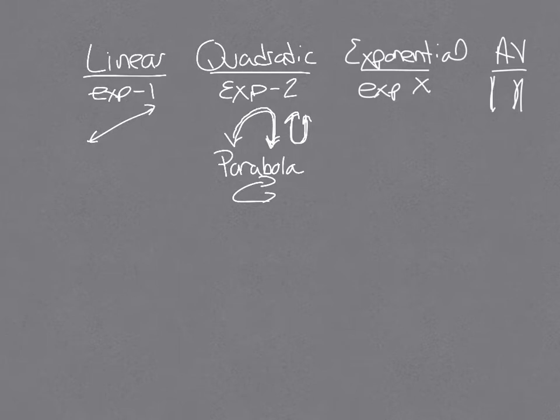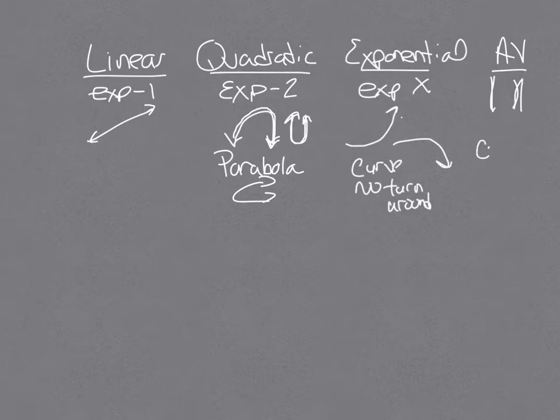All right, exponential is a curve up, or it could be a curve down. But it's a curve as well, just like quadratic, but there's no turnaround. It's only going in one direction.